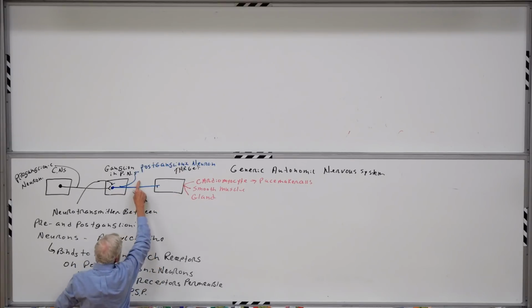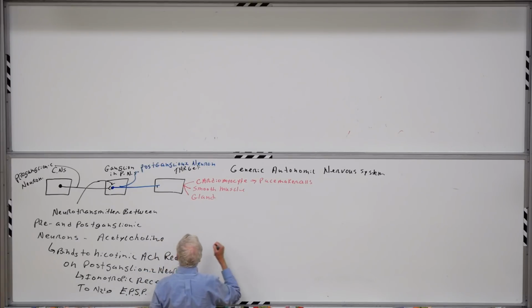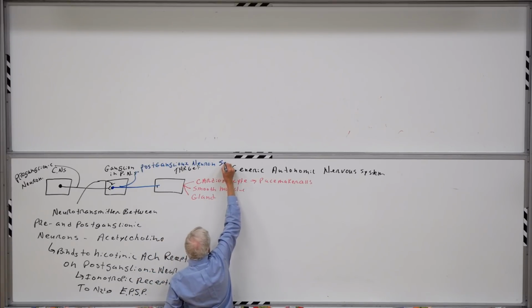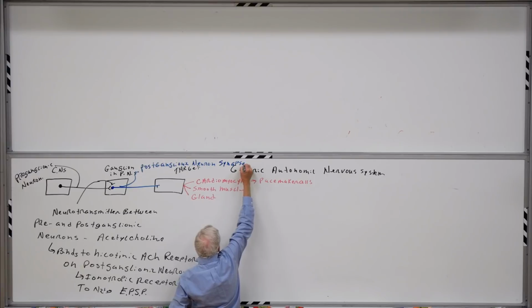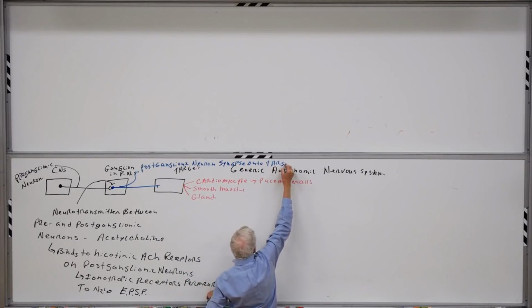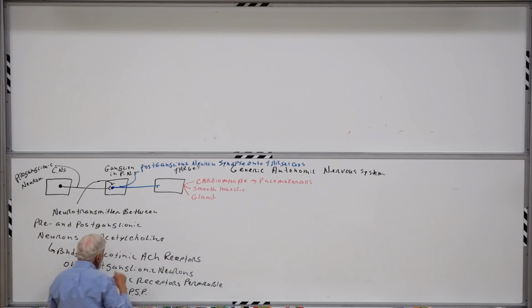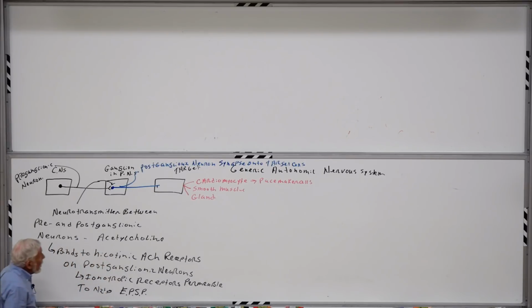And these postganglionic neurons synapse onto target cells. It's the same pattern.